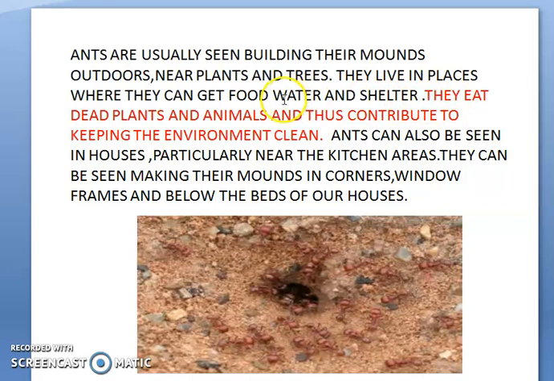They eat dead plants and animals and thus contribute to keeping the environment clean. As you might have noticed in the first part of the video, not all insects are harmful. Some of them are very useful insects. These ants contribute to keeping our environment clean by eating dead plants and animals.